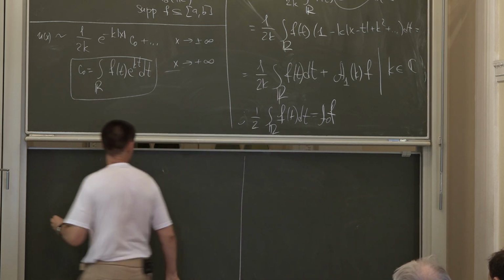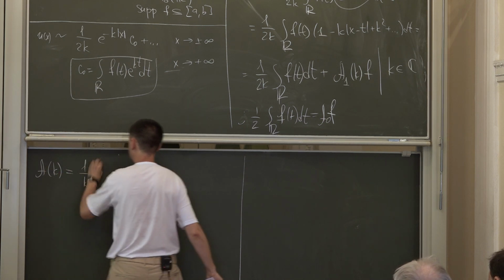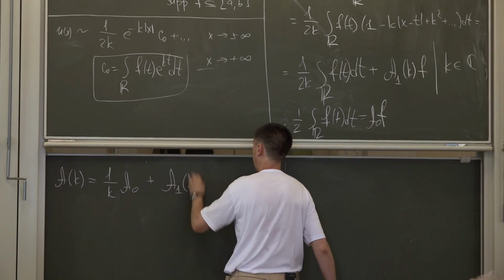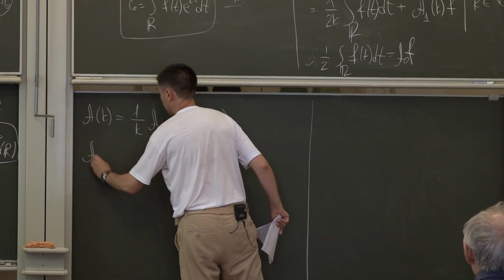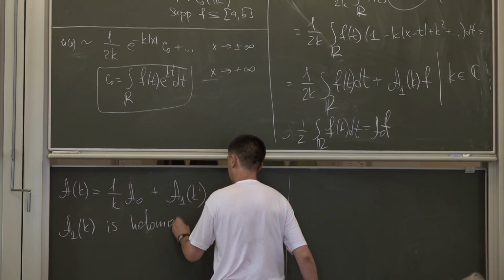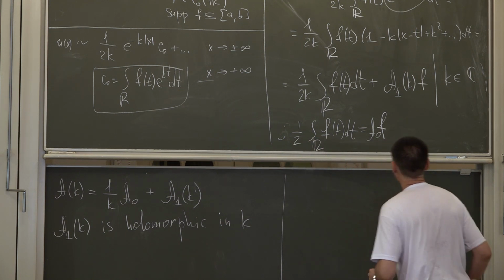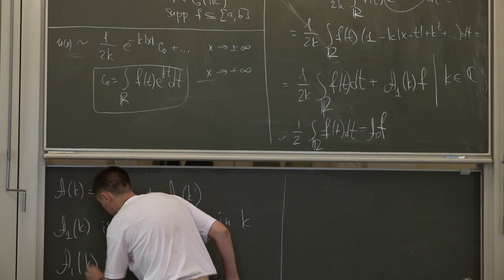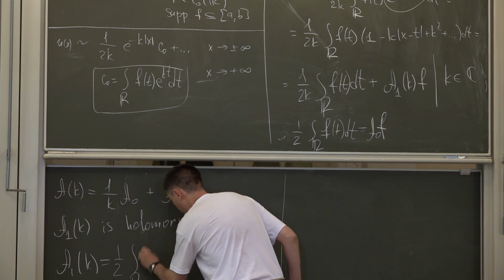Then I can say that A of k can be represented like this, where A1 is holomorphic in k. Why this is the case is just because A1 acts as follows. It's an integral operator with the following kernel.